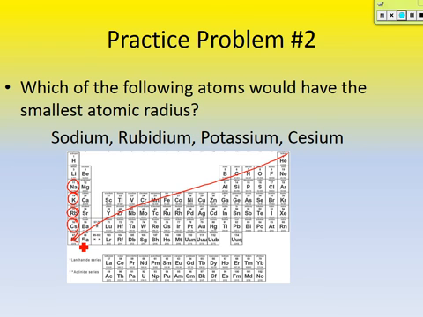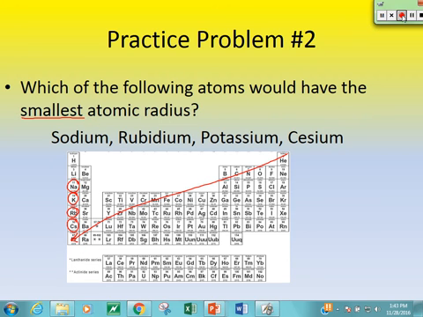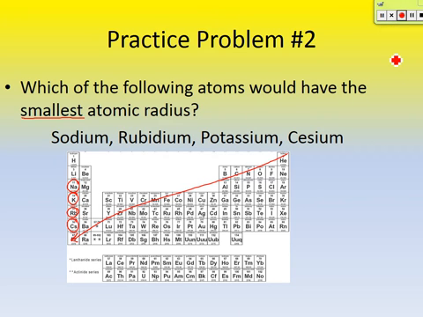This is where they get bigger. Which one is going to be the smallest in terms of atomic radius? Okay, so if you said sodium, it's going to be the smallest because it's closest out of all of these. It's closest to the top. So that one's going to be the smallest. Yeah?